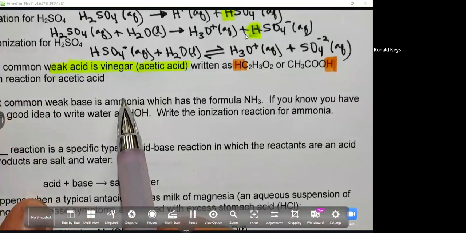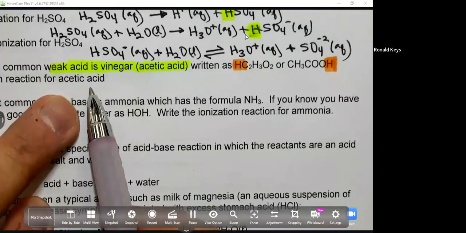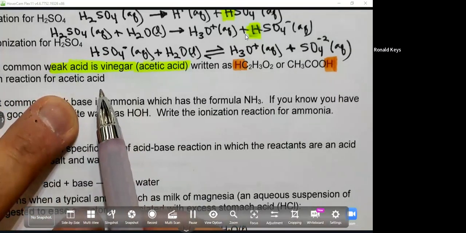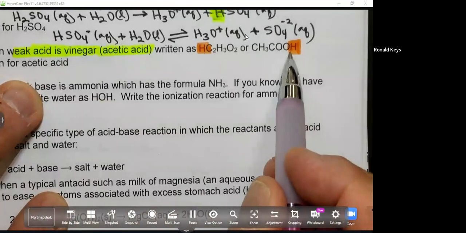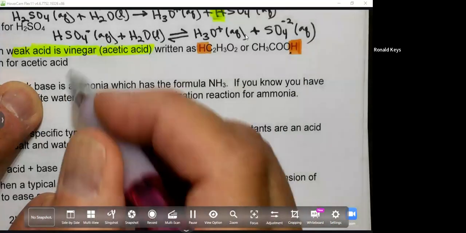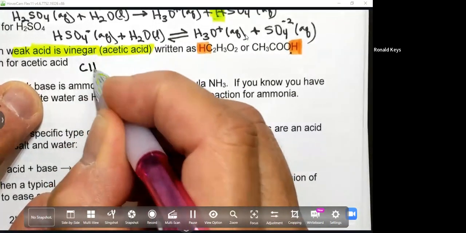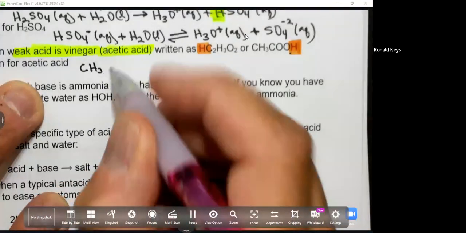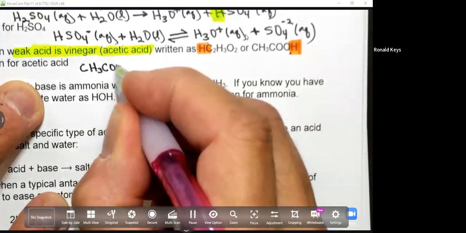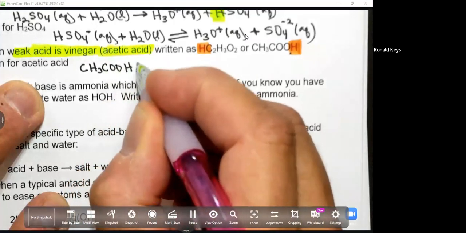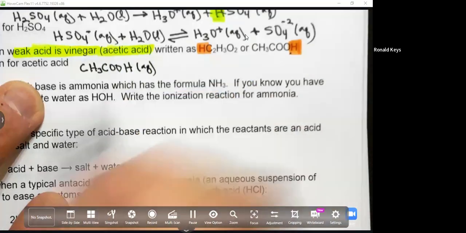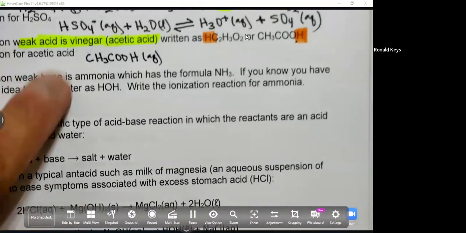It says, write the ionization reaction for acetic acid. I'm going to do it the way Al does it. They use this hydrogen. So we're going to go CH3COOH, aqueous. We have an acid.